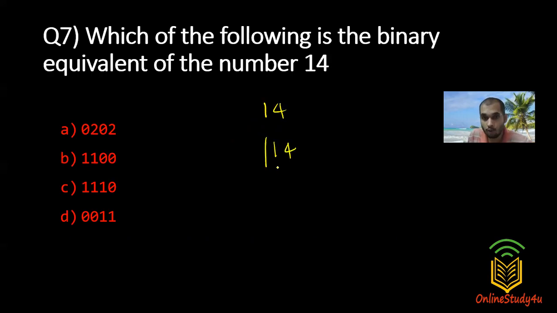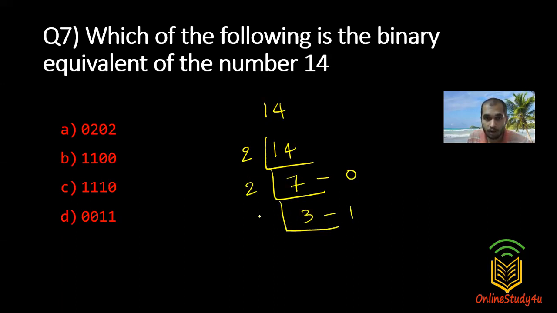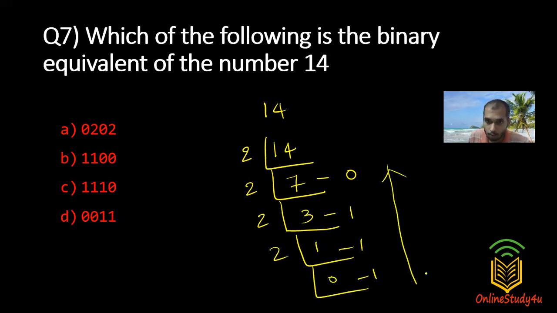Just take this 14 and divide it by 2. 2 sevens 14, the remainder is 0. 2 threes 6, the remainder is 1. 2 ones 2, the remainder is 1. 2 zeros 1, the remainder is 1. So you have to take it from bottom to up.